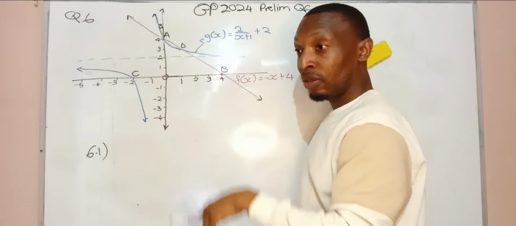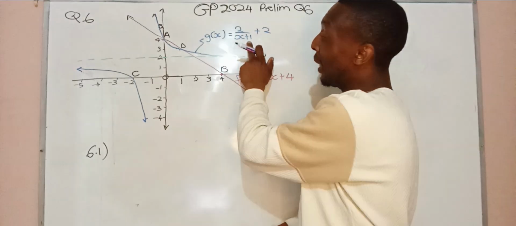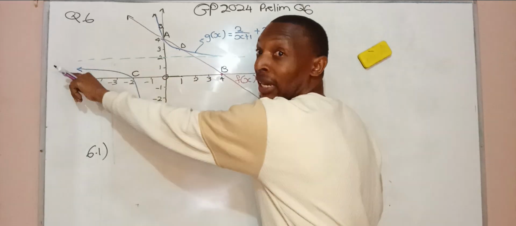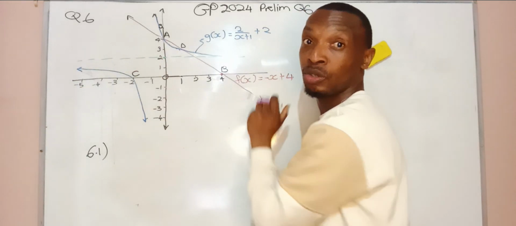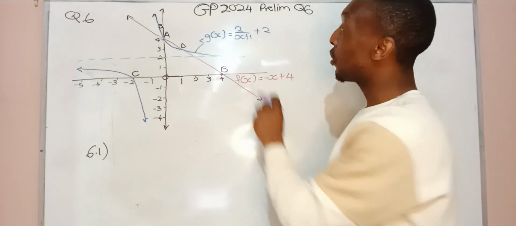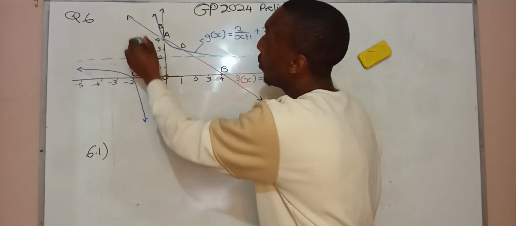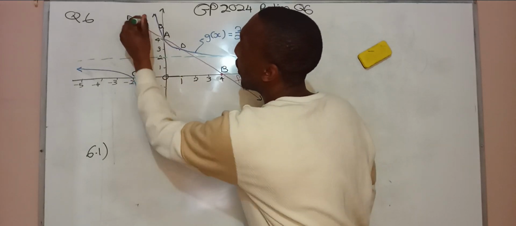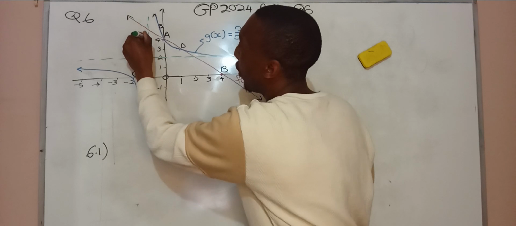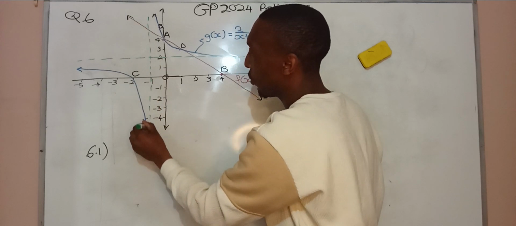If it's negative, it went down. But with the horizontal shift, if it's a plus, it means the graph shifted to the left. If it's a minus, it means the graph shifted to the right. So this one shifted to the left 1 unit. So let me draw in the vertical asymptote. It's no longer here, it's now here.